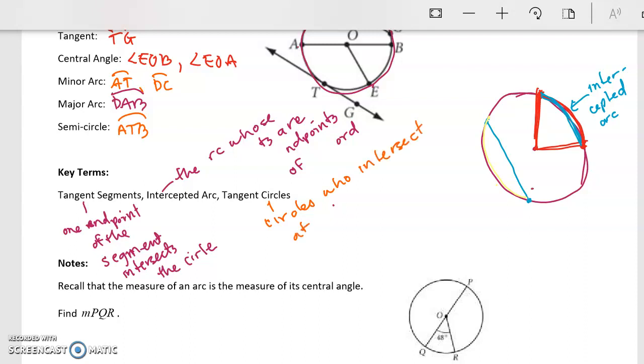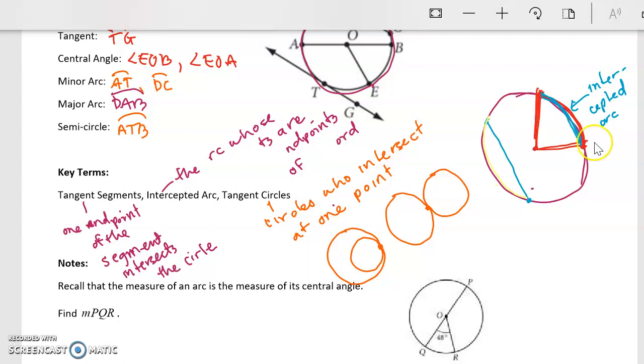Circles can be internally tangent, which means they touch at this point, but one is inside the other. Or externally tangent. These circles are externally tangent.